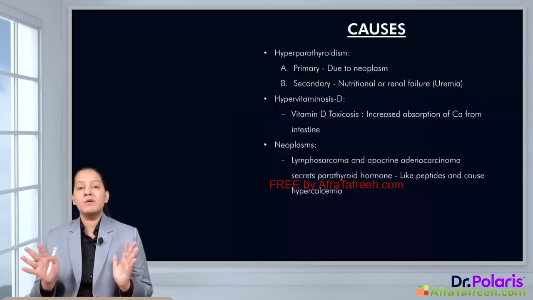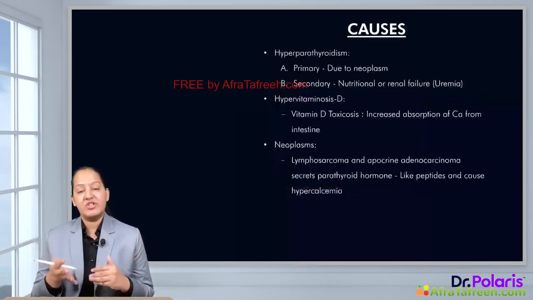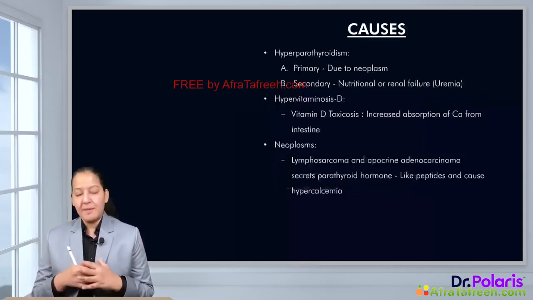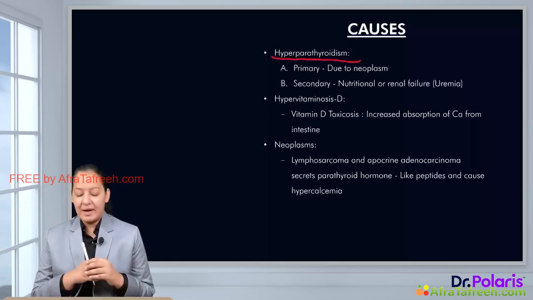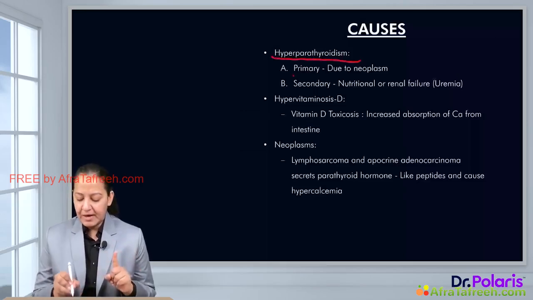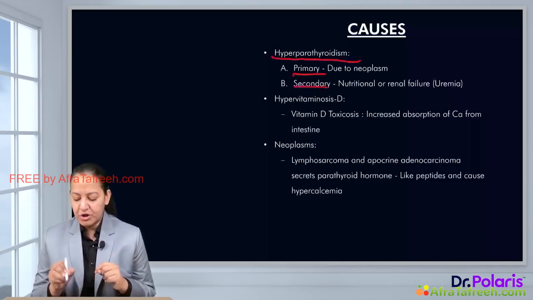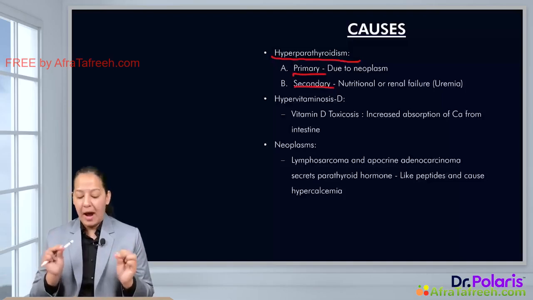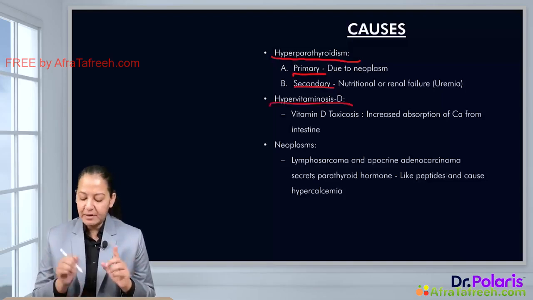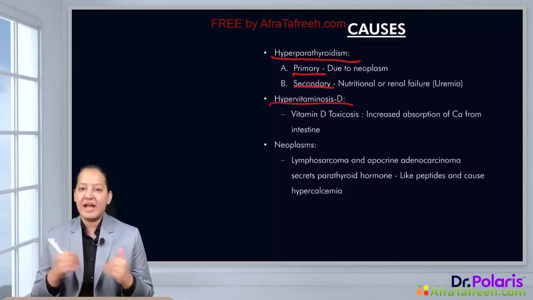So what are the causes of deranged calcium metabolism which leads to hypercalcemia? There can be a few causes. The most common cause is hyperparathyroidism. It can be due to neoplasm, that is primary, or it can be nutritional or renal failure, that is secondary. So hyperparathyroidism leads to hypercalcemia, or hypervitaminosis. Vitamin D is required for calcium absorption.